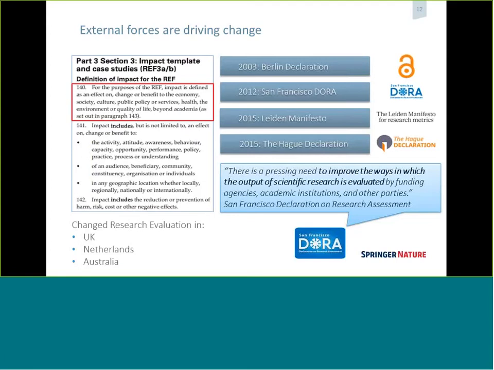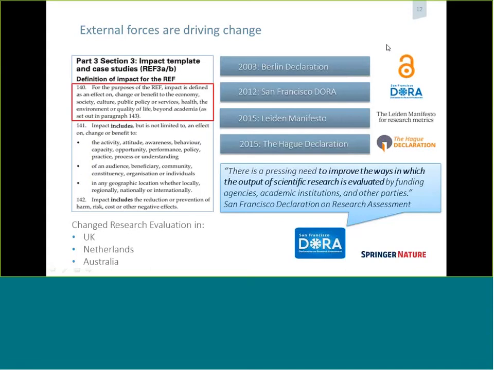So it's very wide, what the impact of your research output is. And we see this being adopted in the UK, of course, but also in the Netherlands and Australia. And I'm sure by now there might be more countries where this is the case.